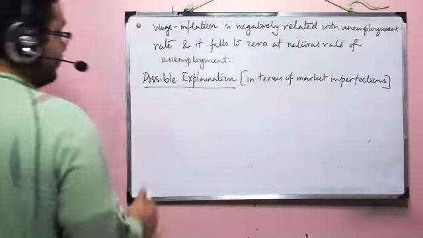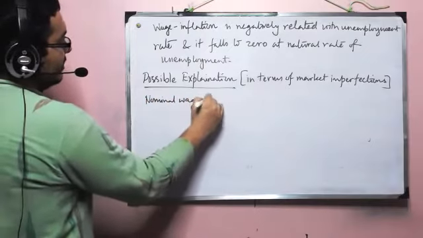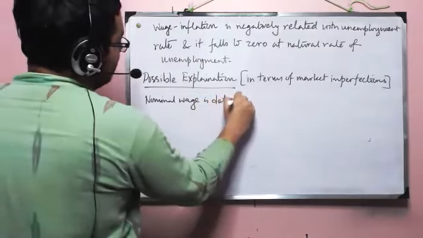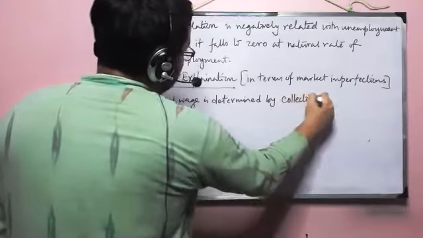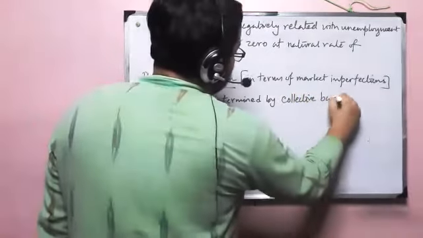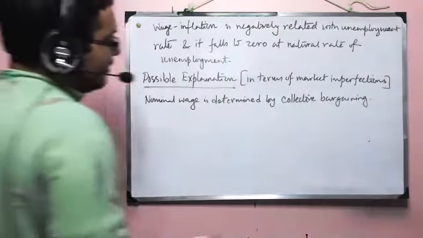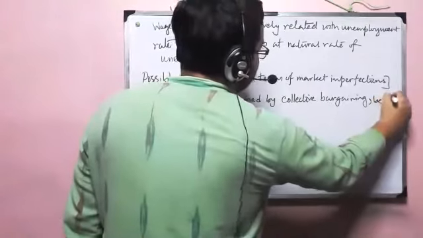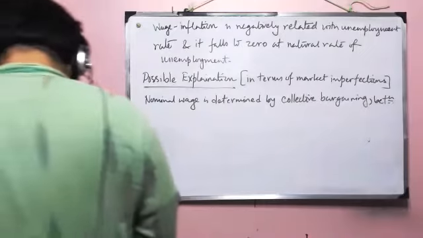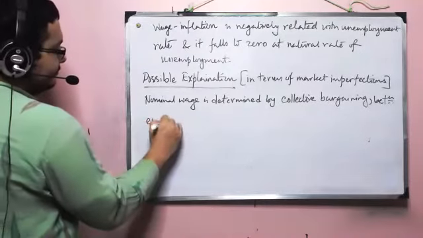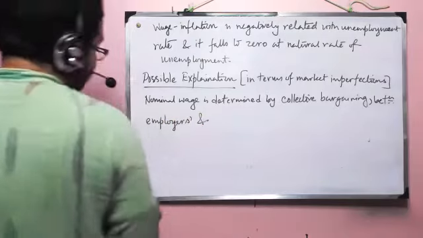Okay. So the first line that we must write is nominal wage is determined by collective bargaining. This is a line directly from sticky wage model. We know this line. So who are the parties? Between employers and labor union.